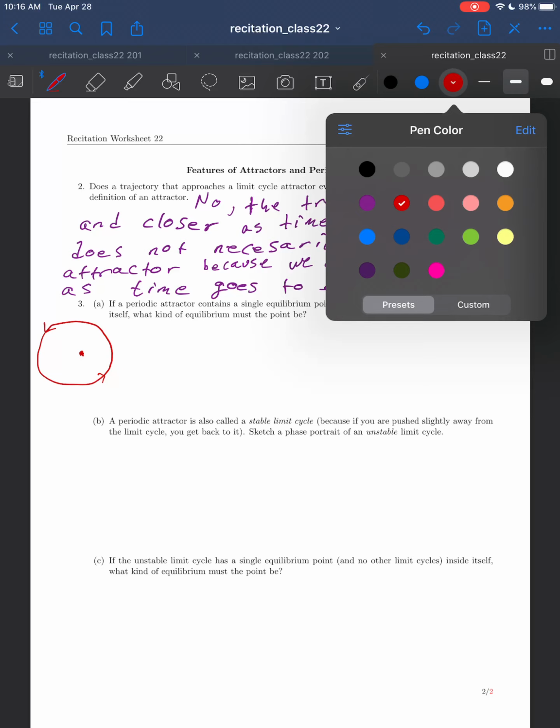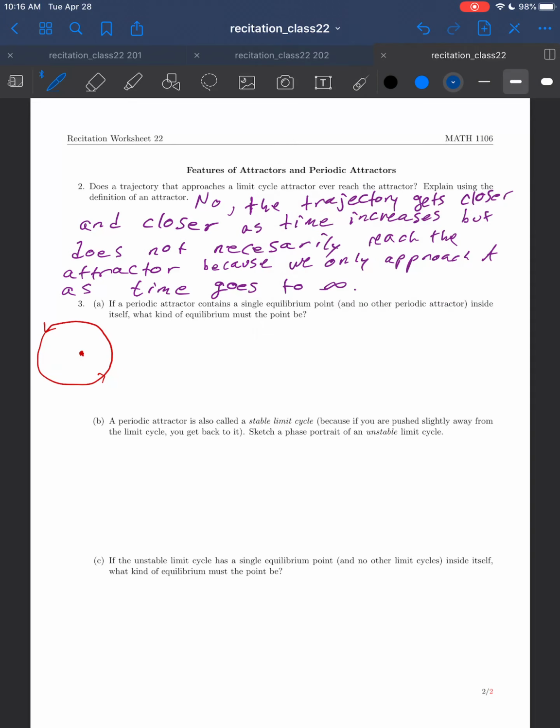We can figure this out by thinking about what it means to be a periodic attractor. If we start in a neighborhood of the point, out here, we're going to get slowly closer and closer to our attractor. If we start in here, we're going to move towards it as well. This is what a periodic attractor does.